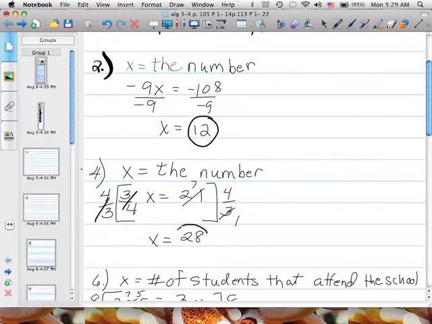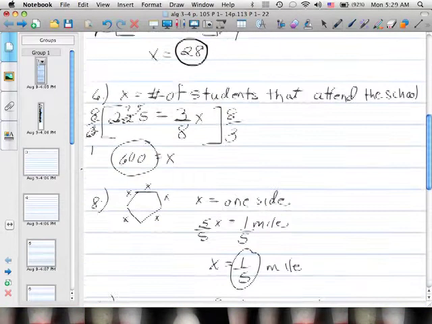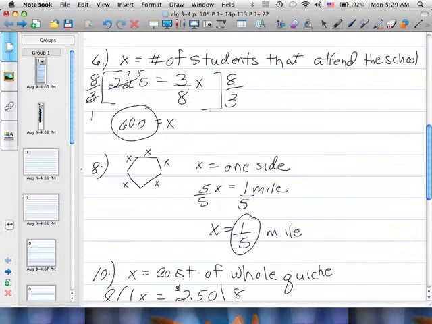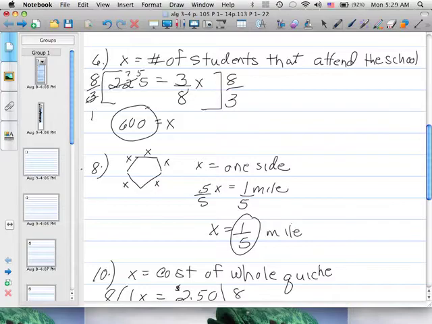So we multiply by 4/3. The 4/3 and the 3/4 cancel out and leave you 1x. On the right side, 3 goes into 3 once and into 21 7. 7 times 4 is 28. So if I take 3/4 of 28, I get 21.